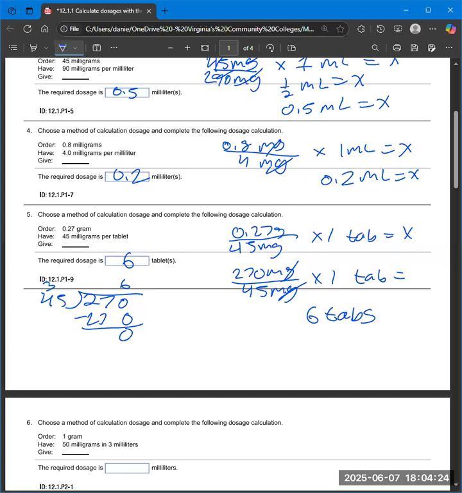Maybe there is a different pill that's stronger that you could give less tablets. Maybe instead of making the patient take all those pills, maybe we give them an IV infusion through an IV bag, and they get that dosage throughout the day. But you should not be making somebody swallow 6 pills at a time.